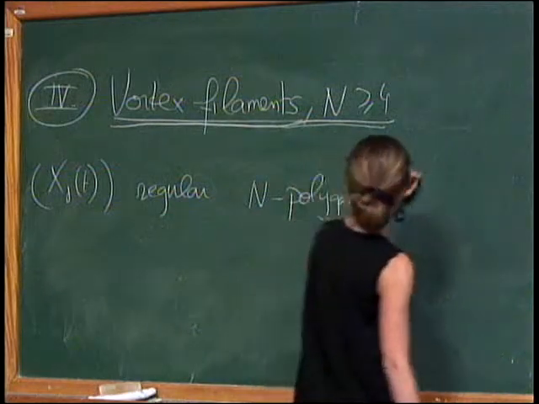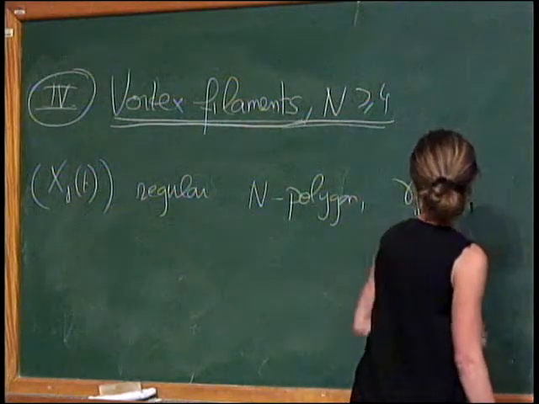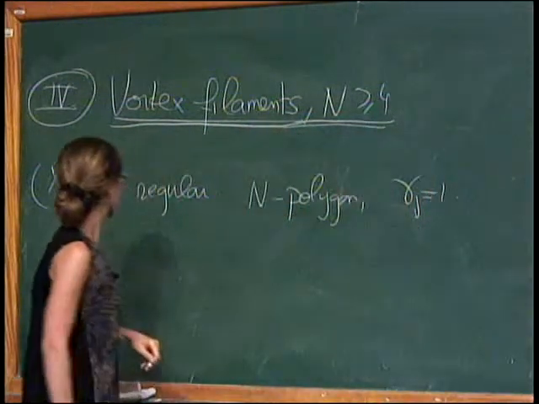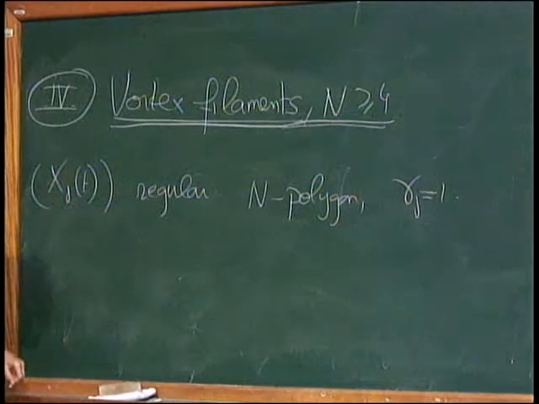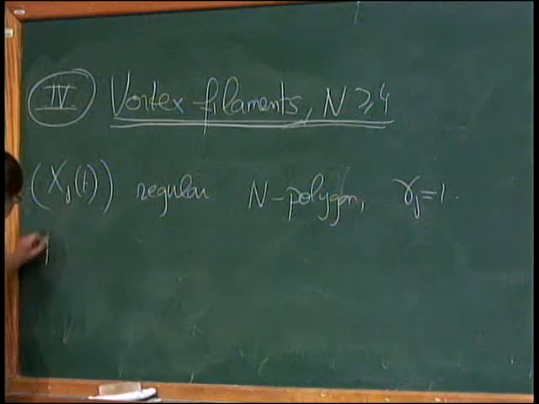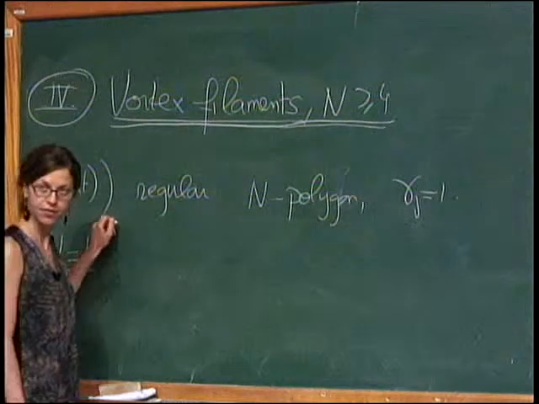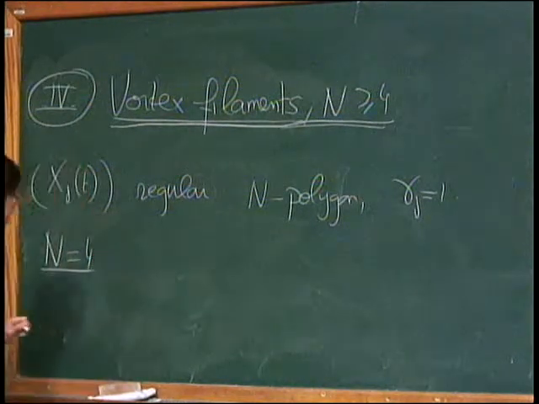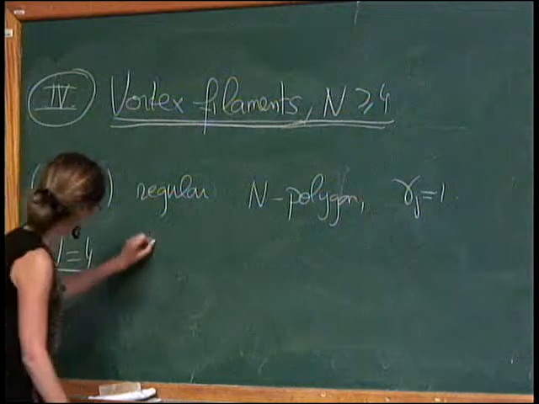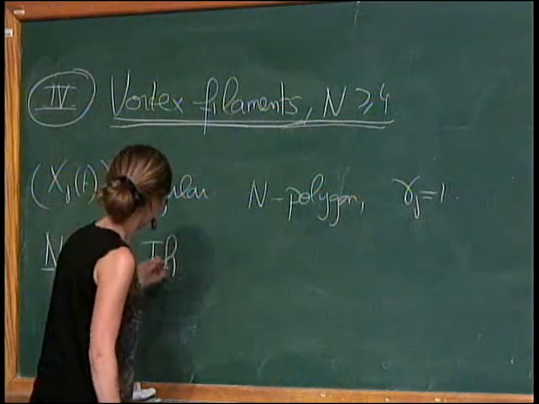So I assume that gamma j equals 1 for all j. And let us start with the case of n equals 4. So I consider a rotating square.